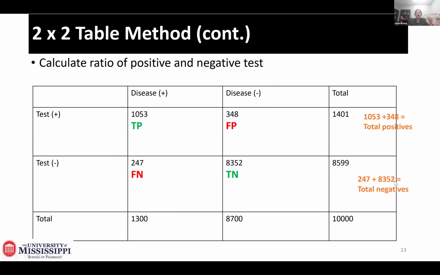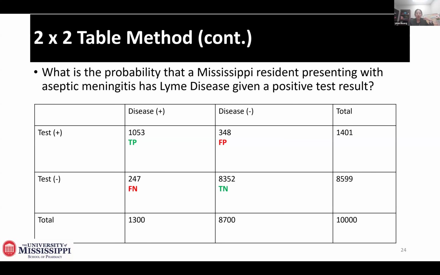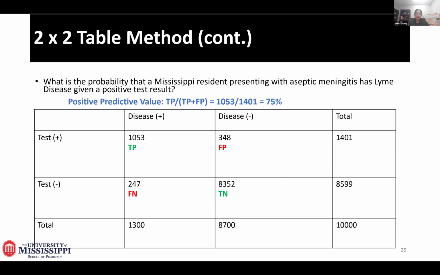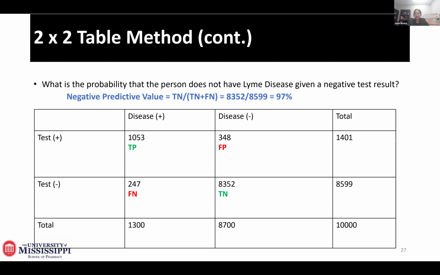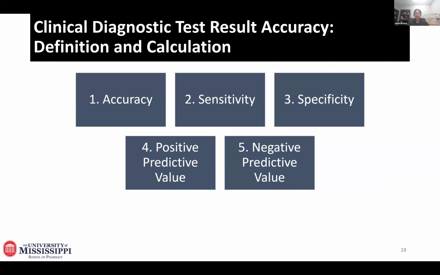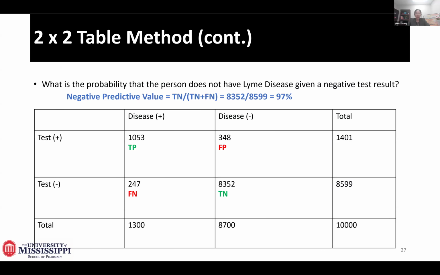From there, I want us to further calculate PPV and NPV. Remember, PPV equals the true positives divided by all the positive results, and NPV equals the true negatives divided by all the negative results. I want to pause here to see if there are any questions.